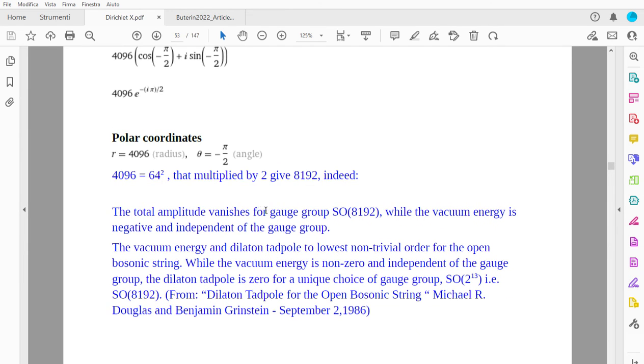That corresponding to the gauge group SO(8192). It is fundamental in the open bosonic string theory.